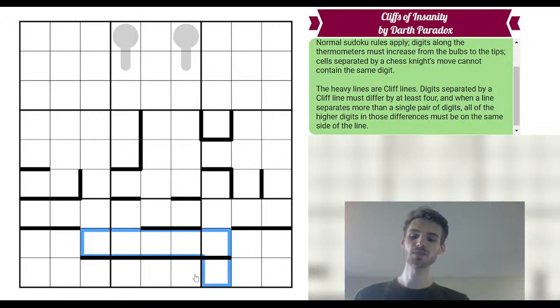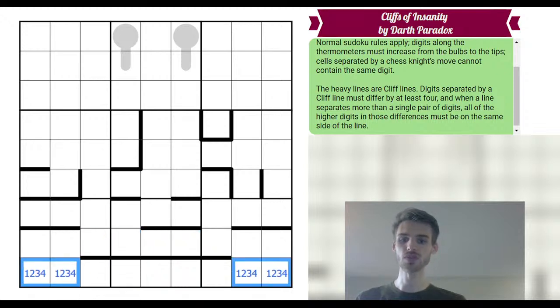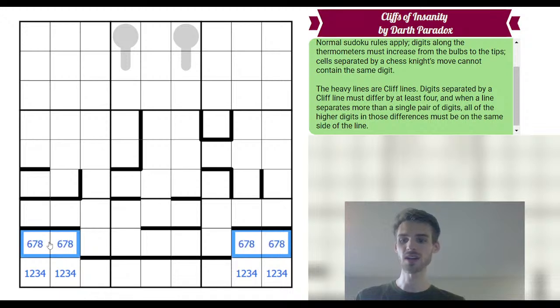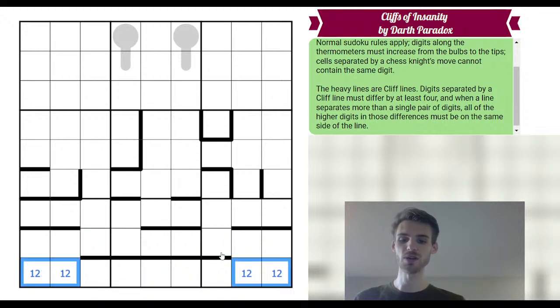So 5 must be on both sides of the line in this case, because if I try to do all of these as low digits, I would run out of low digits. So then these have to be 1, 2, 3, 4. These have to be 6, 7, 8, 9. Oh, or the other way around, I guess.